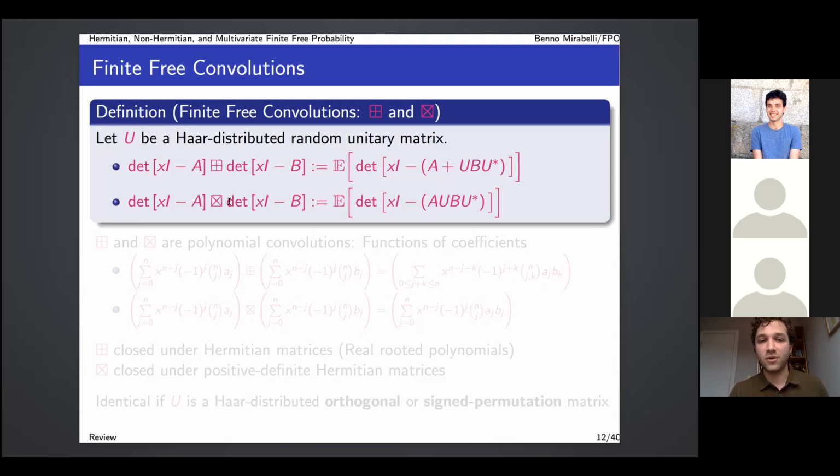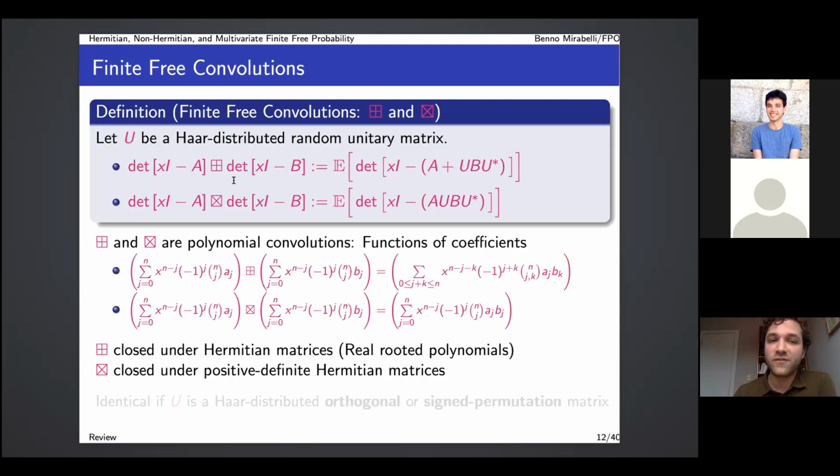And I do the same with this box times, the finite free multiplicative convolution, which gives me the expected value of the characteristic polynomial of my unitarily invariant product. As you see, these convolutions aren't functions on the underlying matrices, they're functions on the characteristic polynomials of those two matrices that I'm convolving.